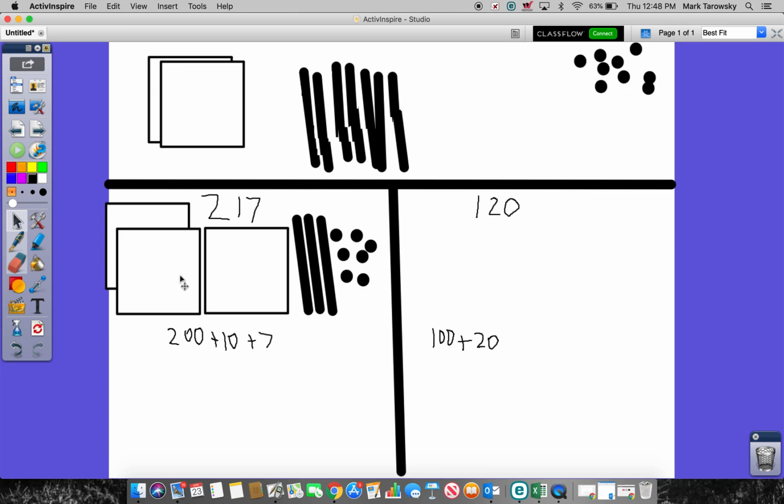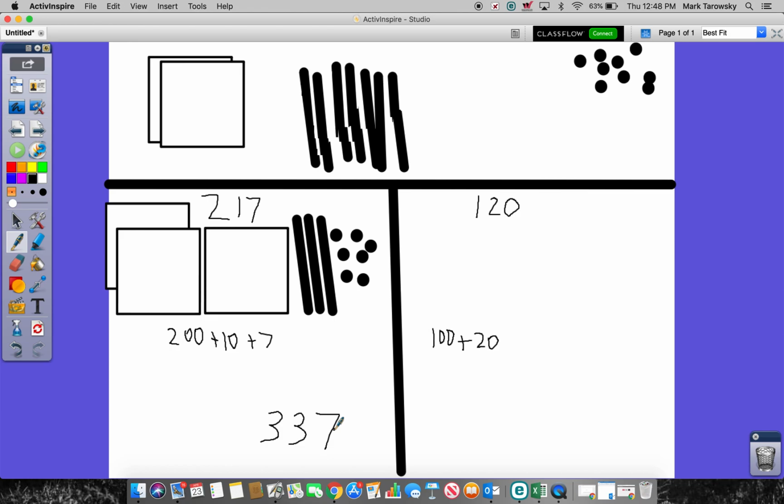And now we have 3 groups of 100 because we had one group of 100 plus these 2 groups of 100. And now our new full answer, we have 7 ones, we have 3 groups of 10, and we have 3 groups of 100, or 337. We could also do 300 plus 30 plus 7.